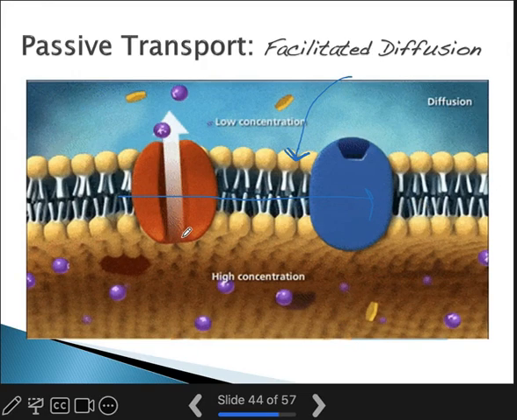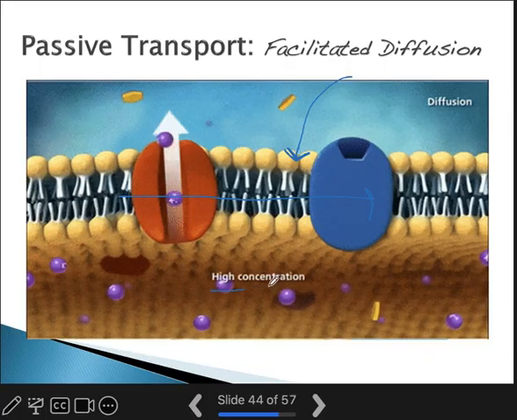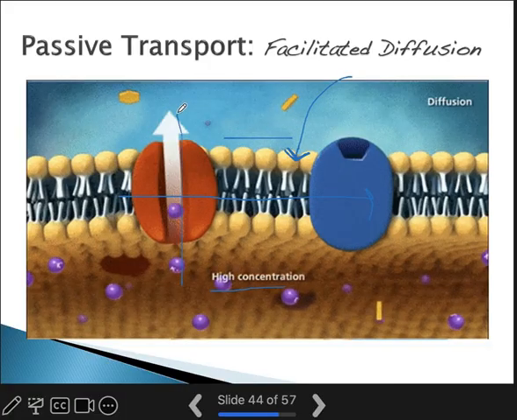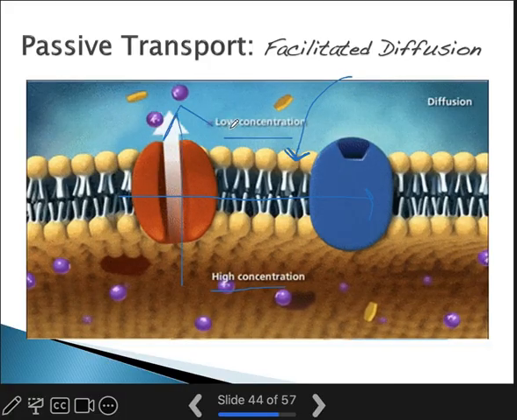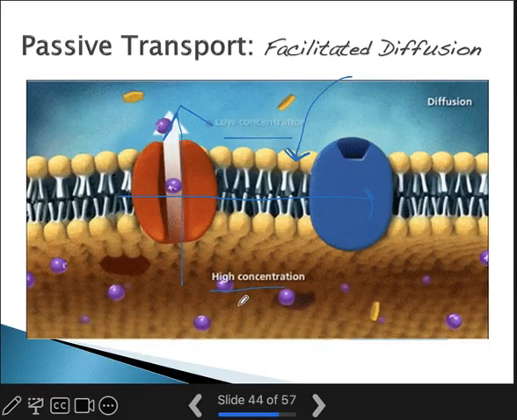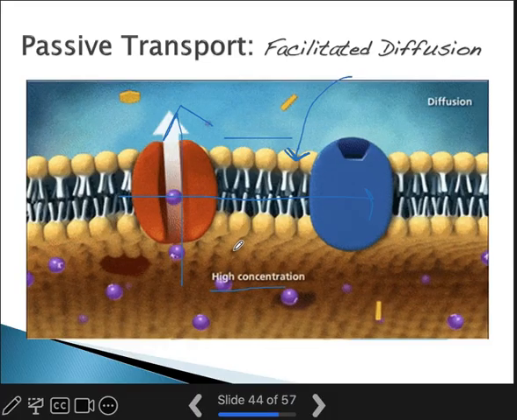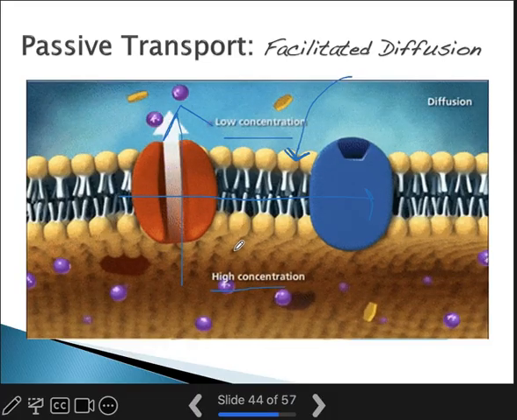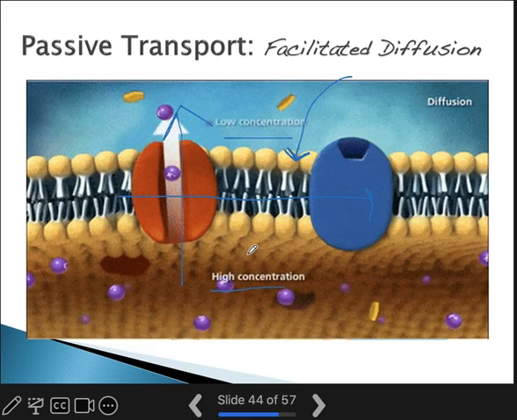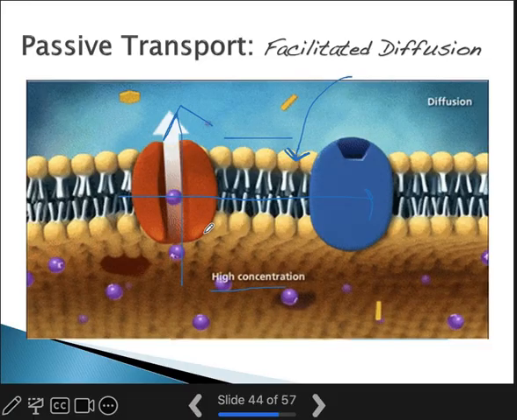All right, so here's an example of a facilitated diffusion. Notice the high concentration to low concentration through a channel. So if I saw this animation and I said, what kind of diffusion is depicted in this animation, you would have to say facilitated diffusion. The cell is not expending any energy in the movement of the particles. It's relying on the energy in the concentration gradient, but we need a channel in order to facilitate that process.